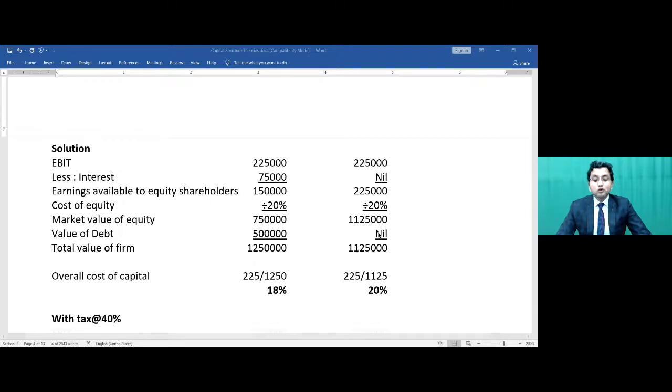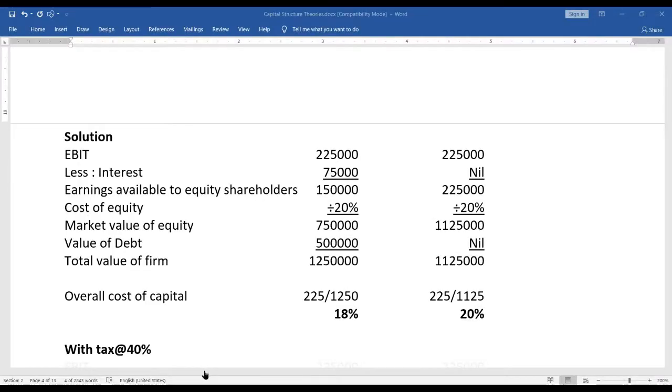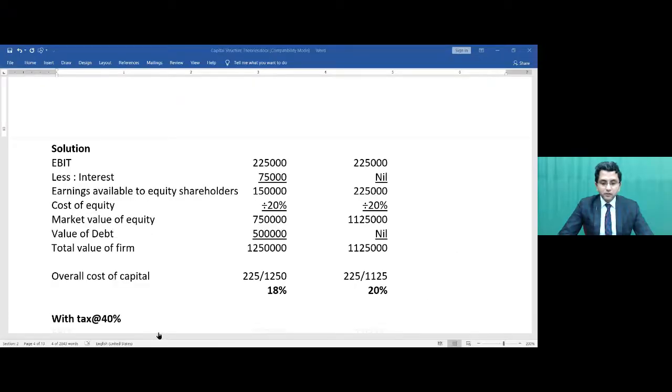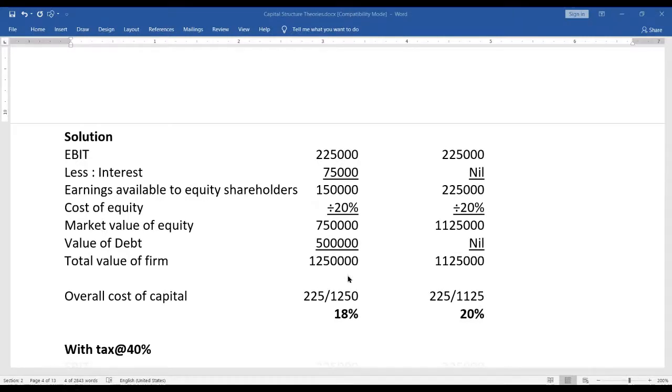Okay, now you solve this question, A, B, C and XYZ limited question, but introduce tax at the rate of 40% and solve this question. You have maximum 5 minutes of time.